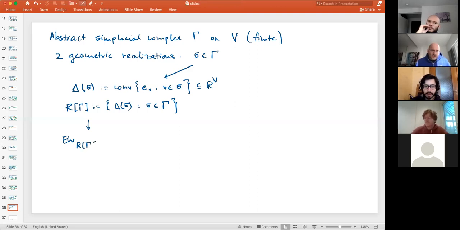I'm doing the analogous thing to when I consider a triangulation as a simplicial complex: I just take the union, correct? This is the number of integer points, where I take the union of all of my simplices.